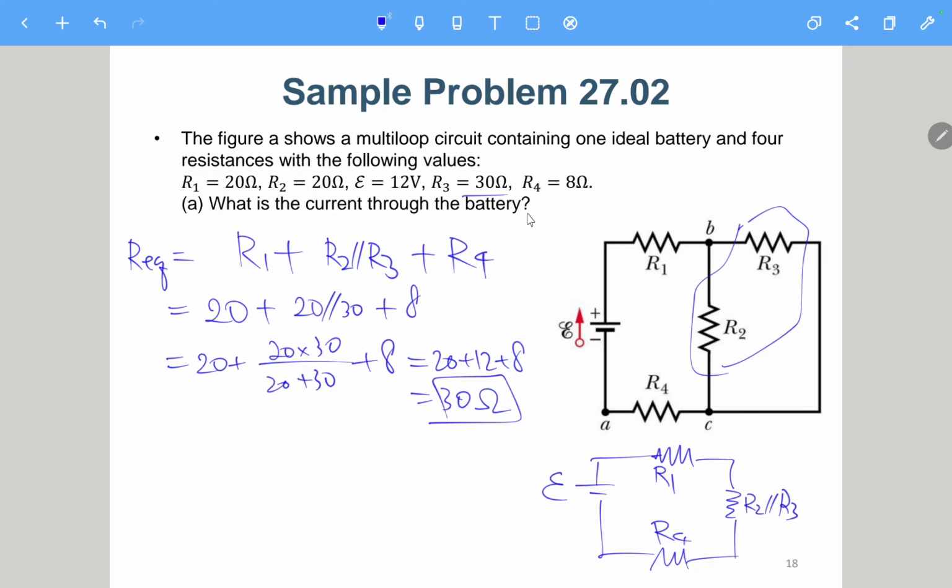It is simple: I equals E over R equivalent. E is 12 volt over 30. So this is 0.48.